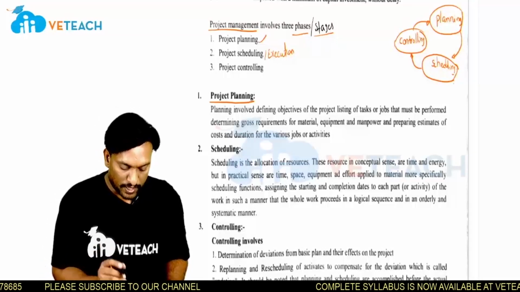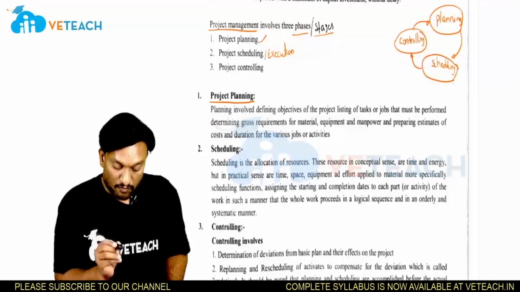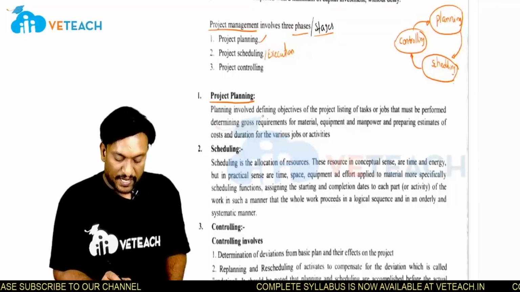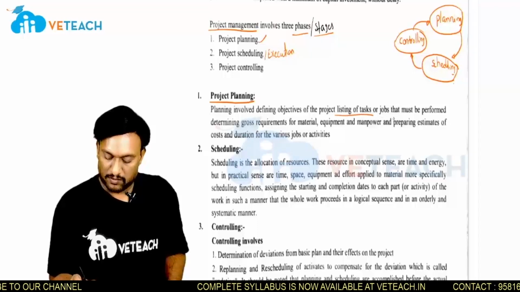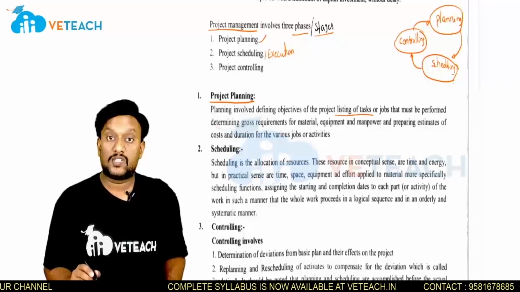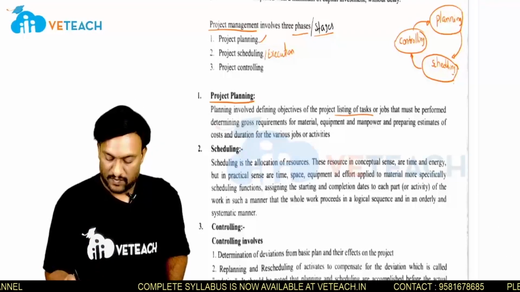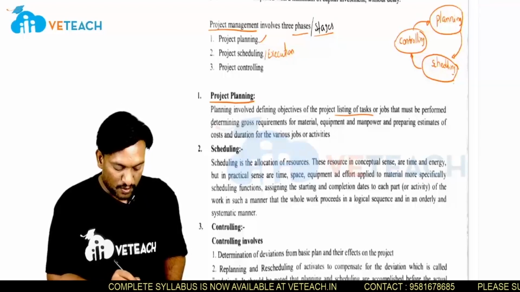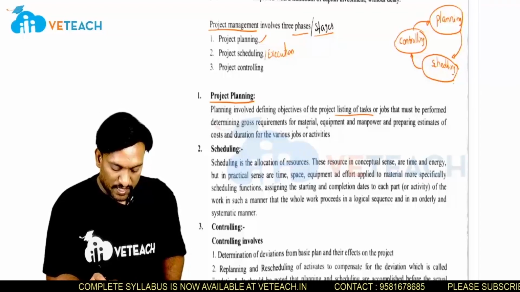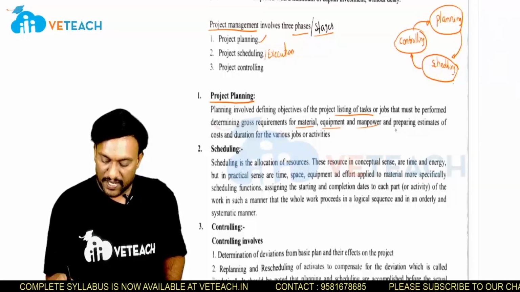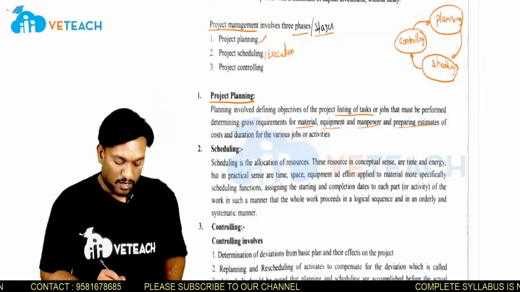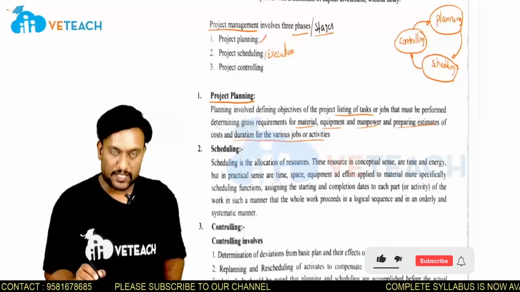Now, planning involves what? Planning involves defining the objectives of the project, listing the tasks or jobs, the to-do works that must be performed, determining the gross requirements for material, equipment, and manpower, and preparing estimates of the cost and duration for the various job activities.